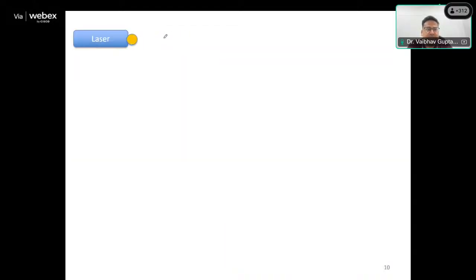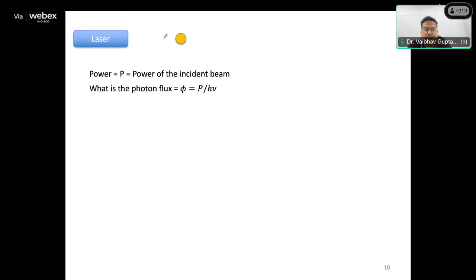So again, let's go back to the same problem, that we have a laser, and now we want the distribution. In the previous examples, we always know the power, and once we know the power, we calculate the photon flux, or how many photons there are every second. That value will be P divided by h mu, right?